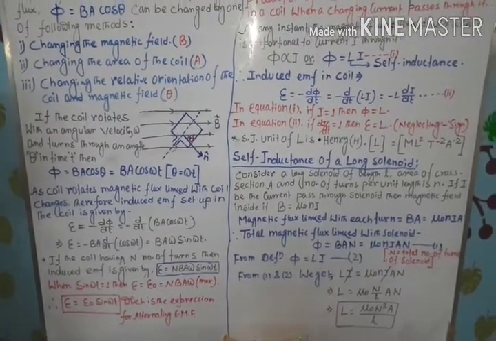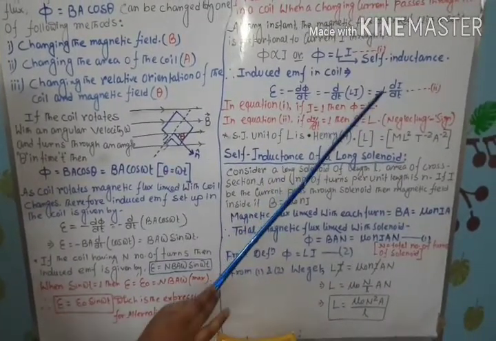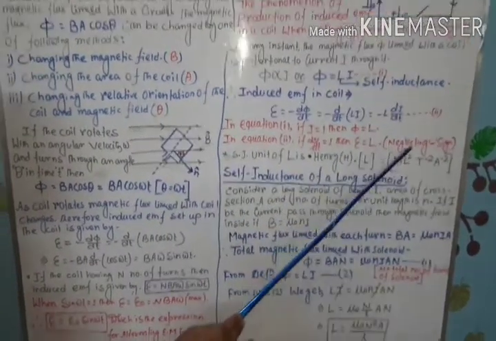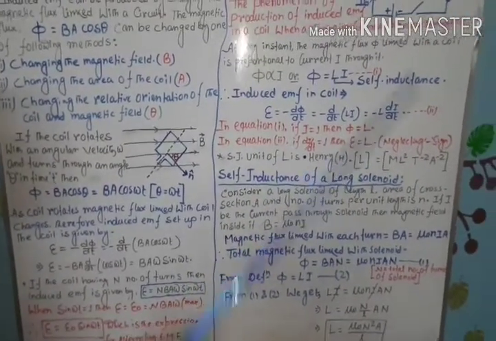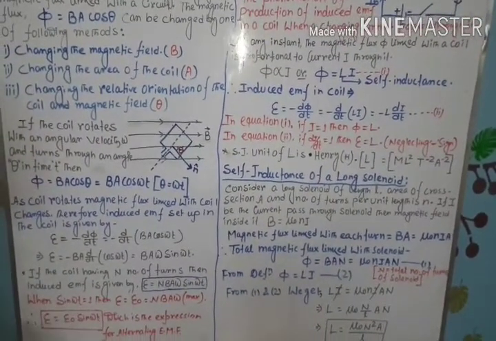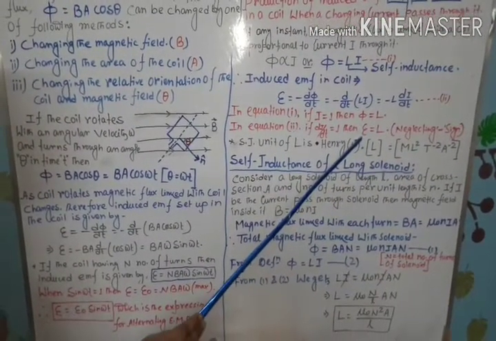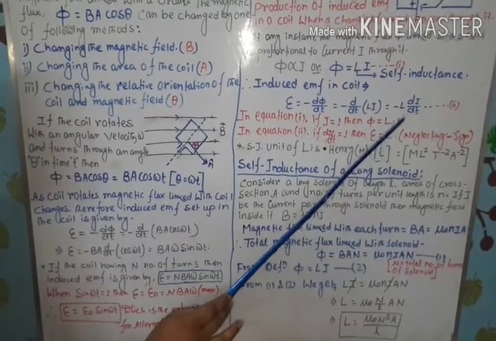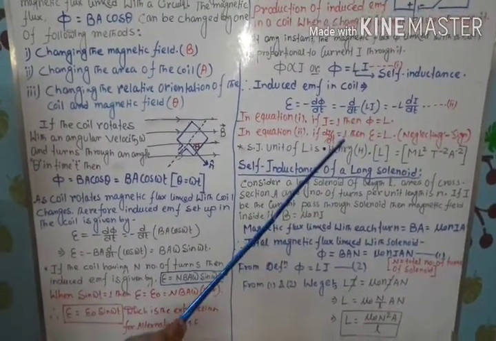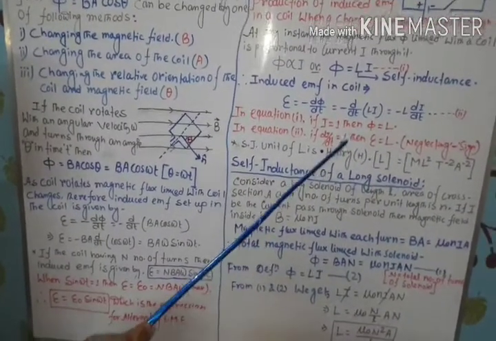Now, from the second equation, if dI by dt equals 1, then E equals L, neglecting the minus sign. From here, how can you define L? The self-inductance of a coil is numerically equal to the induced EMF in that coil whenever the rate of change of current through that coil is unity.